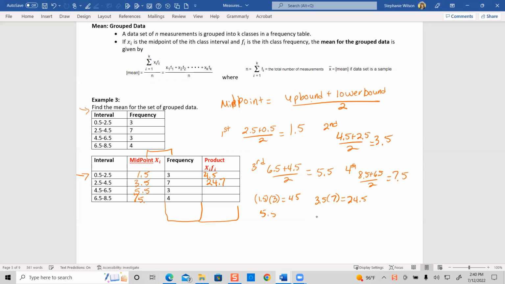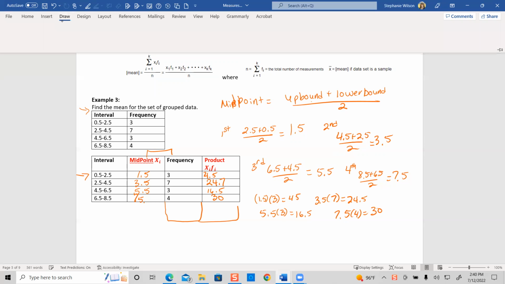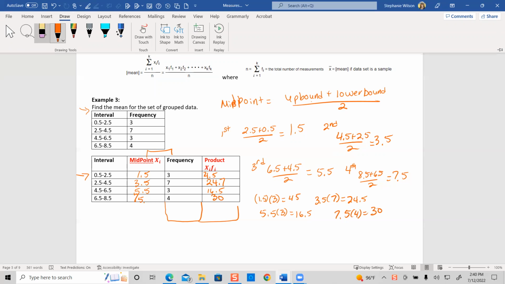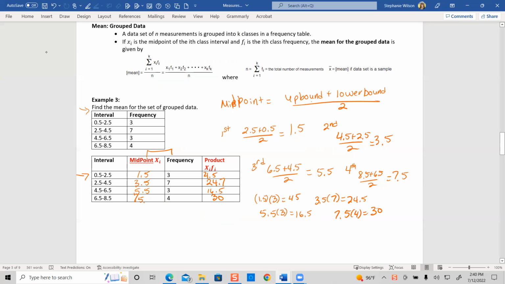Let's take 5.5 times 3, and it gives me 16.5. And then 7.5 times 4 gives me 30. Okay, let me see if I can erase this real quick.